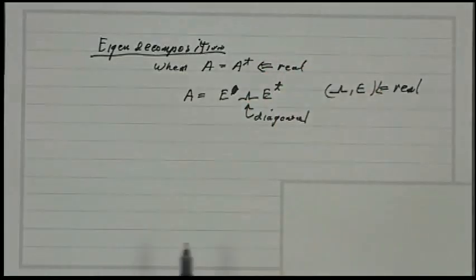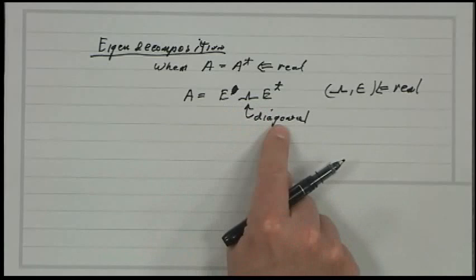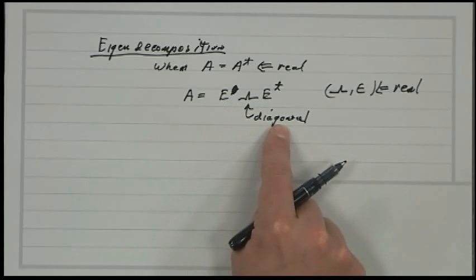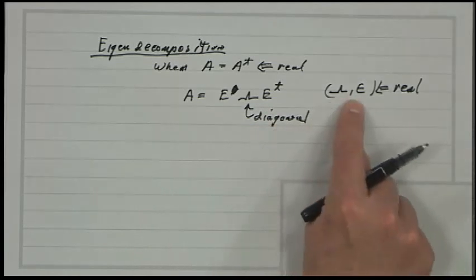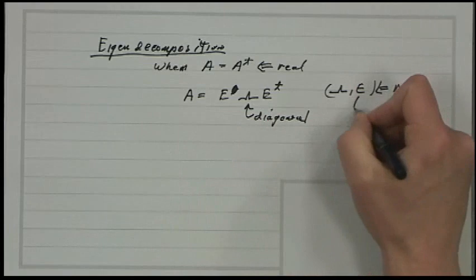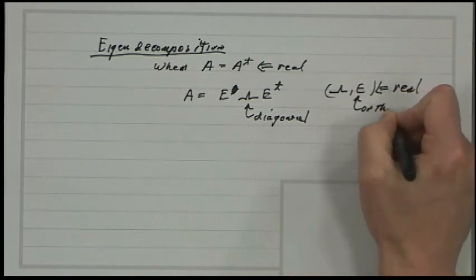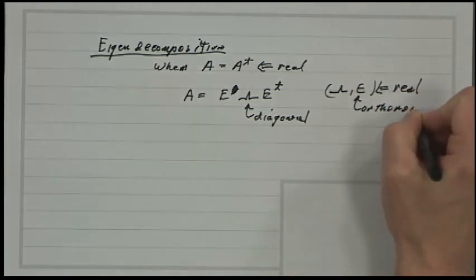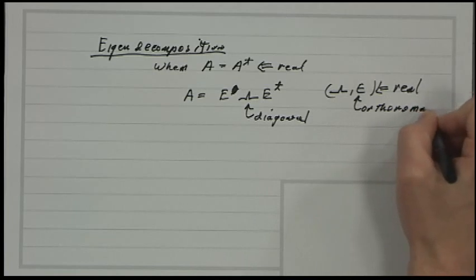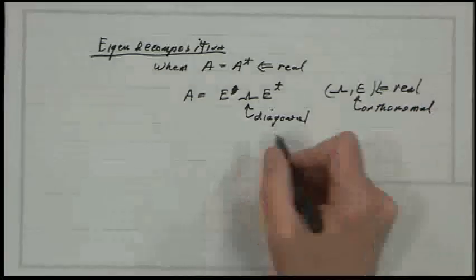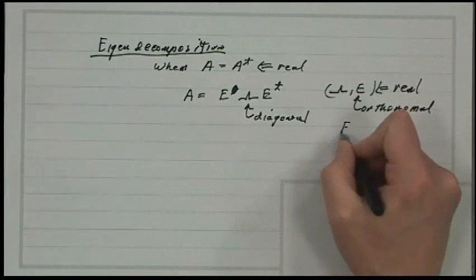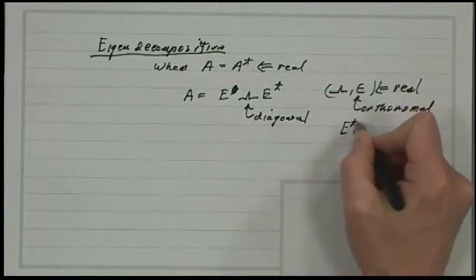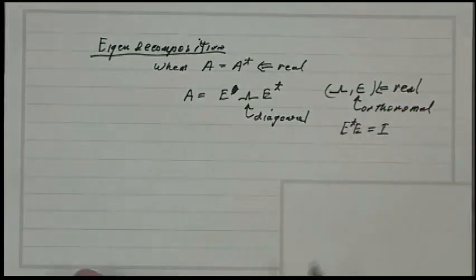So if A is a real symmetric matrix, then its eigen decomposition has this structure: lambda is diagonal, E is orthonormal, which is to say that E transpose E equals I, either way, but I think it's more intuitive to think of E transpose.